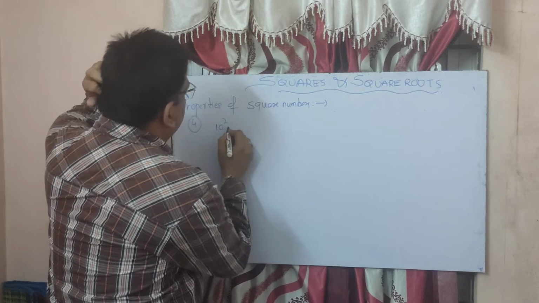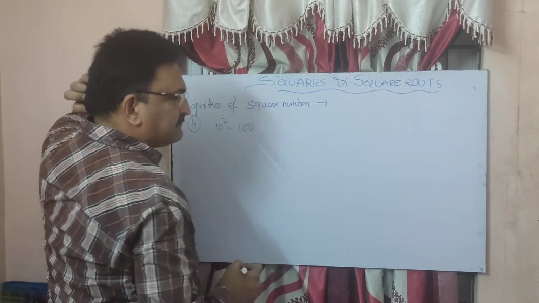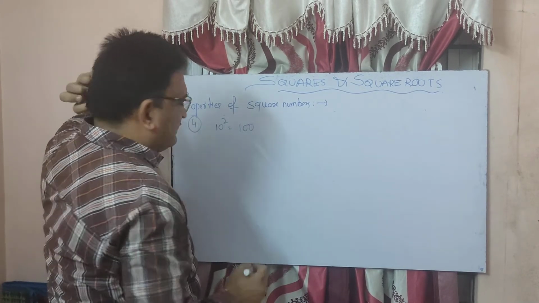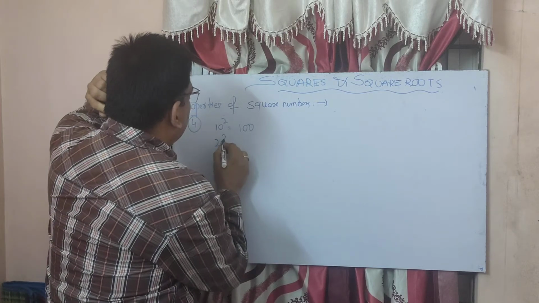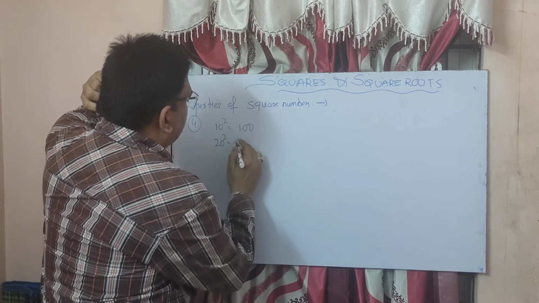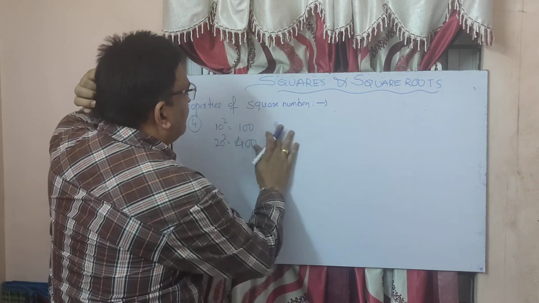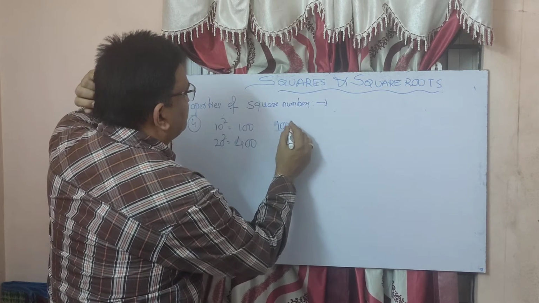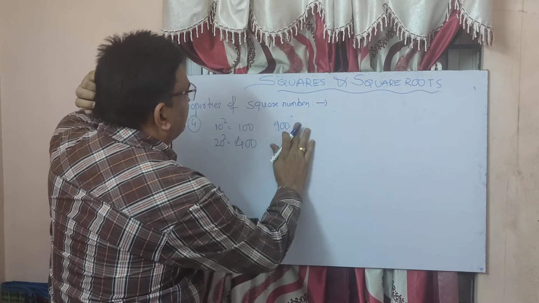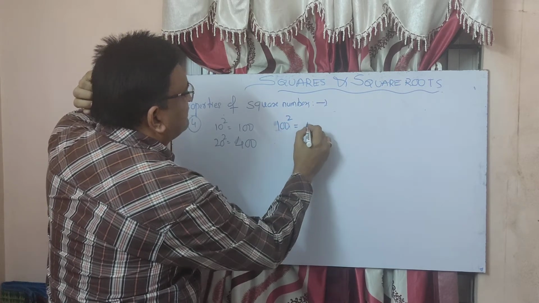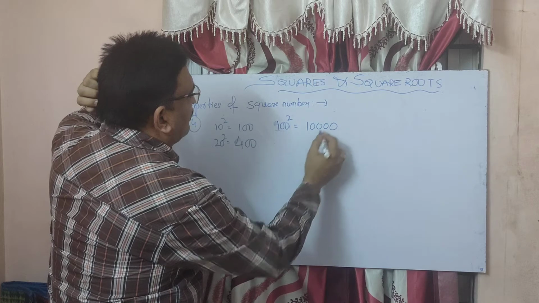For example, 10 square is how much? 100. 20 square is how much? 400. Now 100 square is how much? 10,000.